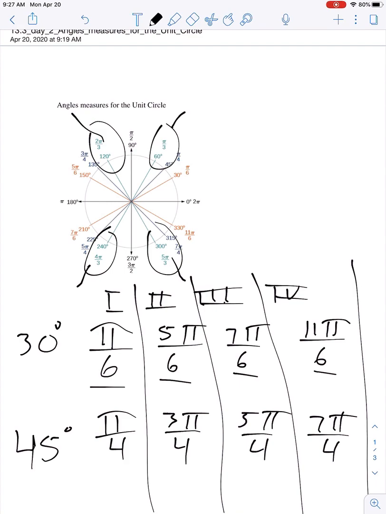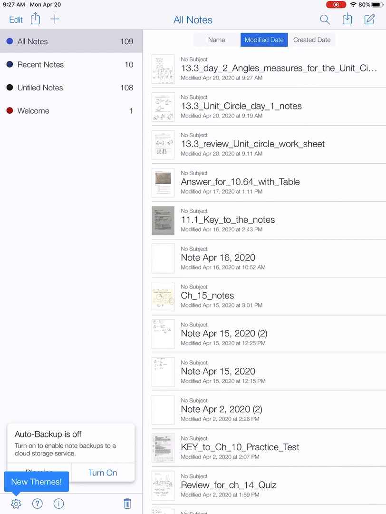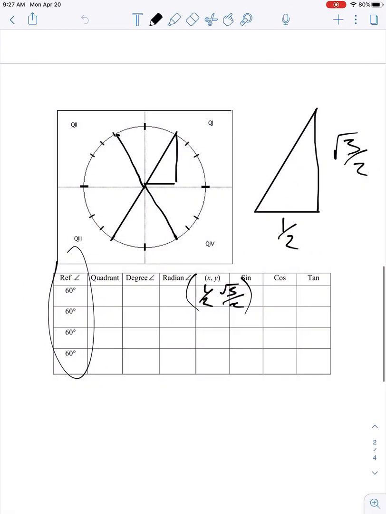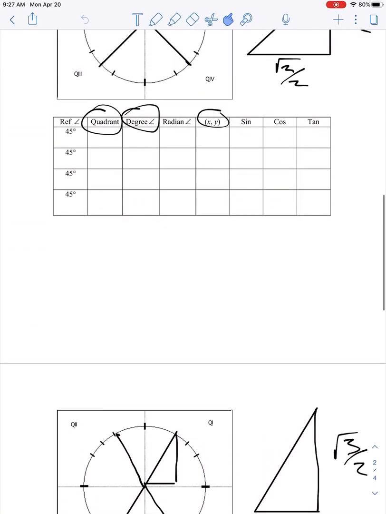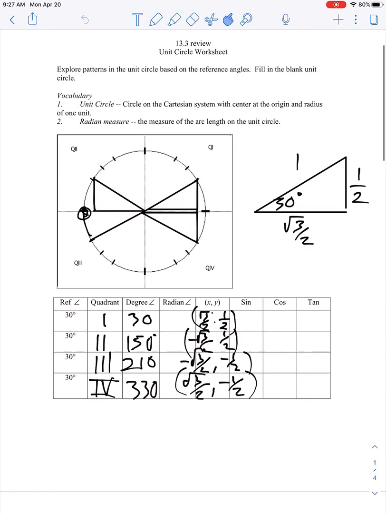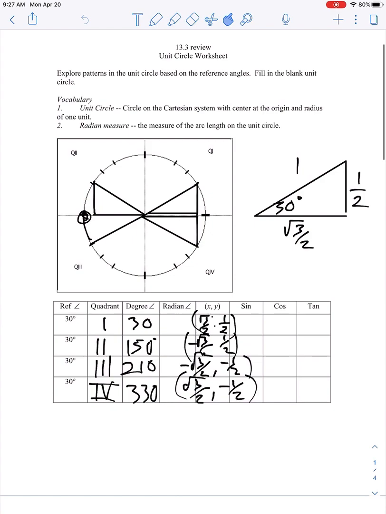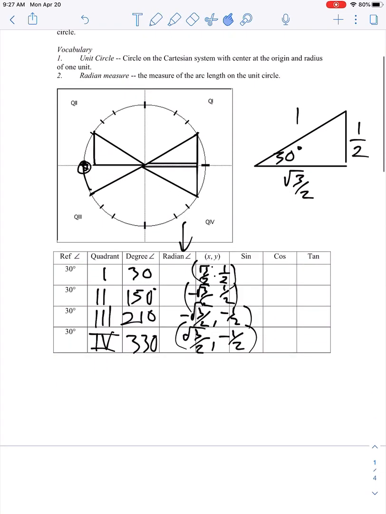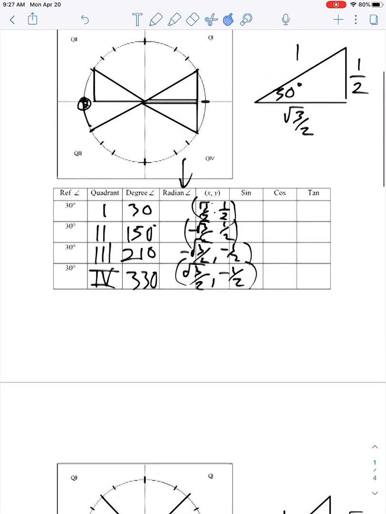Okay, so for homework, what I'd like you to do today is go back into this review worksheet that I posted, and we are going to be now looking at the radian measures around. So I'd like you to fill in the radian measures around the unit circle for your 30-degree reference angles.